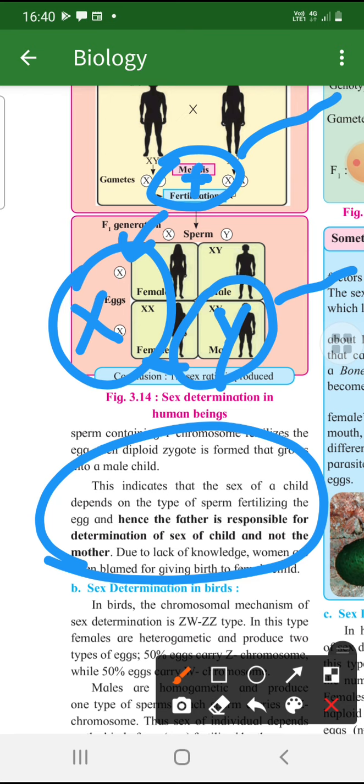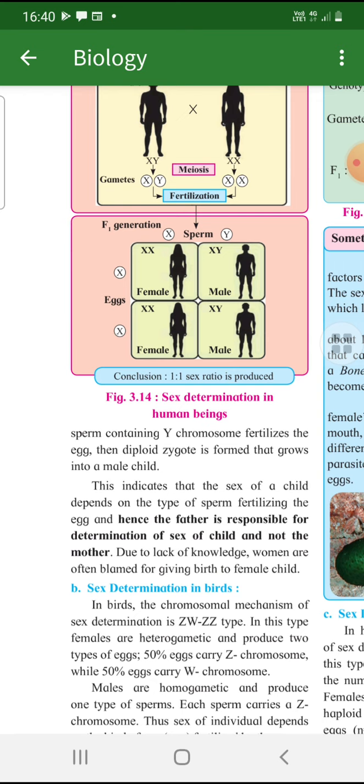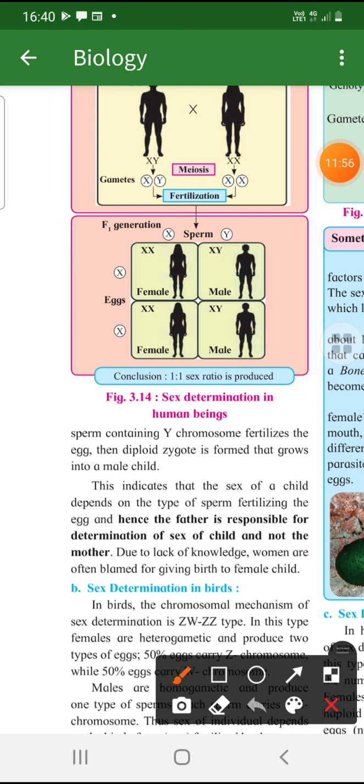So the real person who is responsible for the sex of the child is the father. Okay, hence the father is responsible for determination, because the sperm type determines the child's sex. Remember that. And you can read the remaining part, that's quite clear to you.